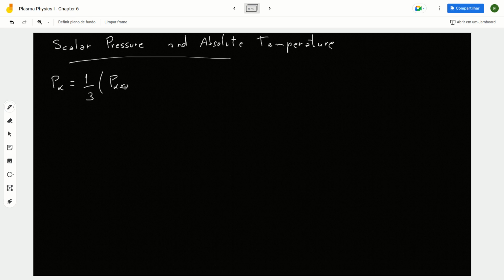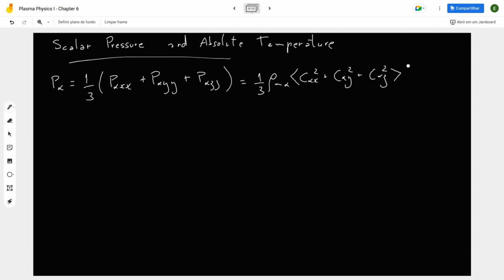So the trace will be just the sum of the elements of the main diagonal of the tensor. Or you may write it like this, if you use 6.1. Okay, this is going to be equation 6.9.